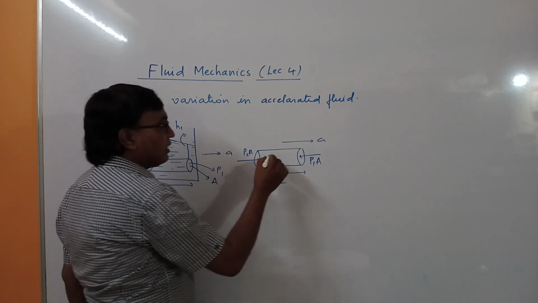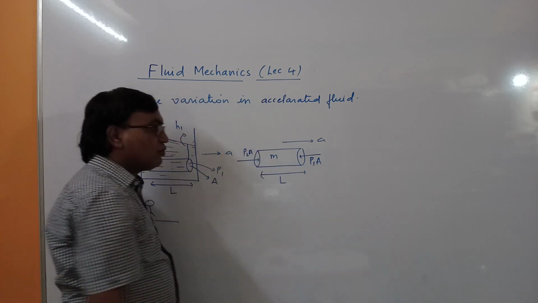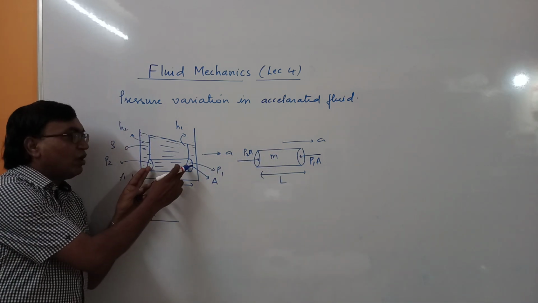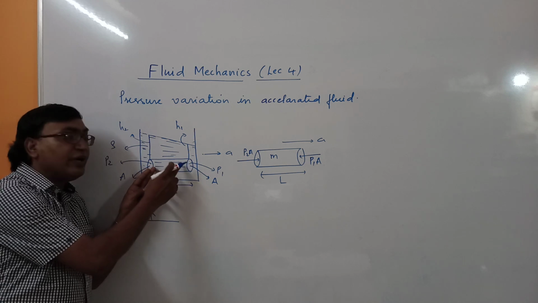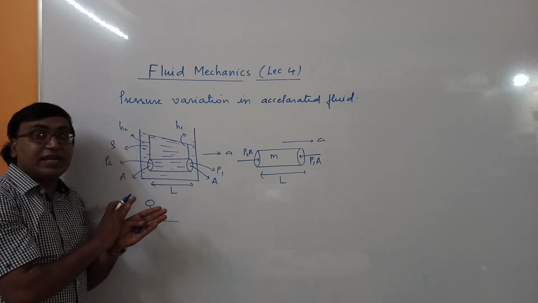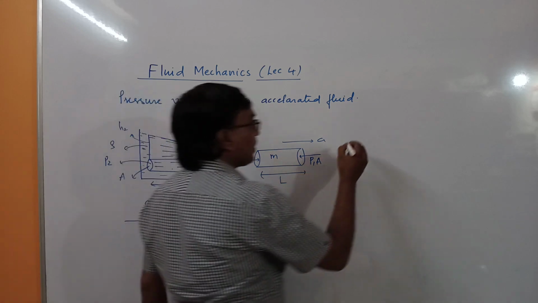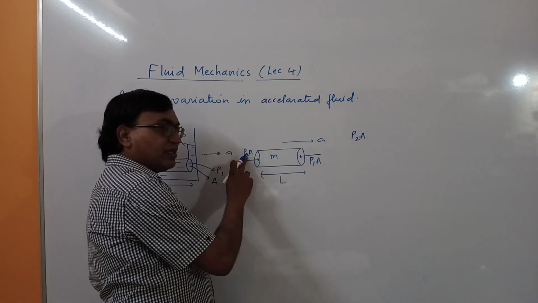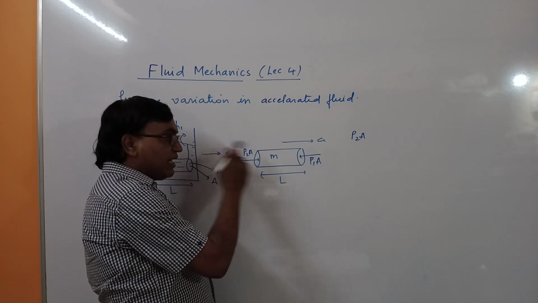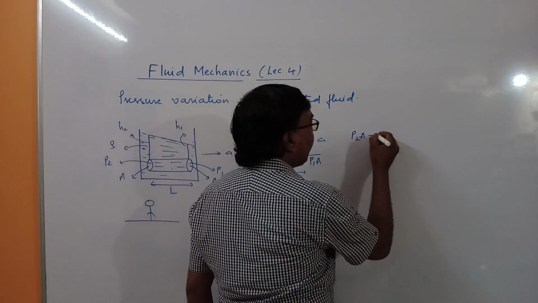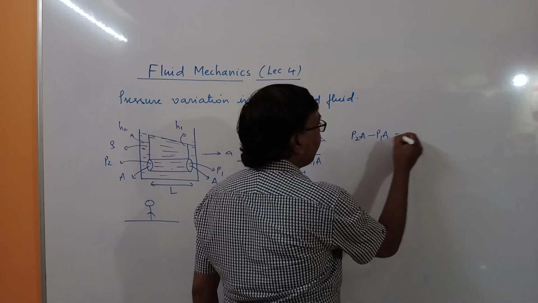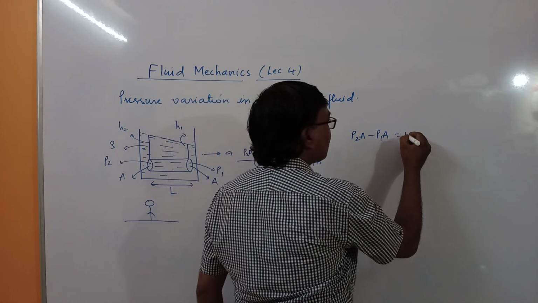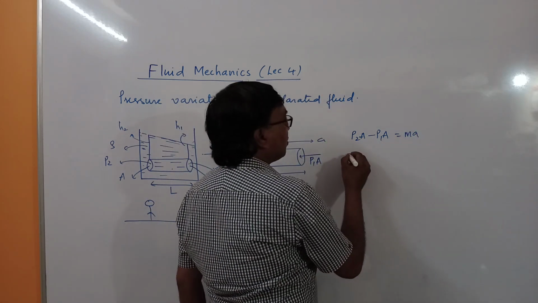Let us assume the mass of the fluid in this imaginary cylinder to be m. Now these are the only forces acting on the fluid in this imaginary cylinder. So net force will be P2A in the direction of acceleration. I am taking this force as positive. This force must be greater than this force. So P2A minus P1A must be equal to mass into acceleration, m into a.